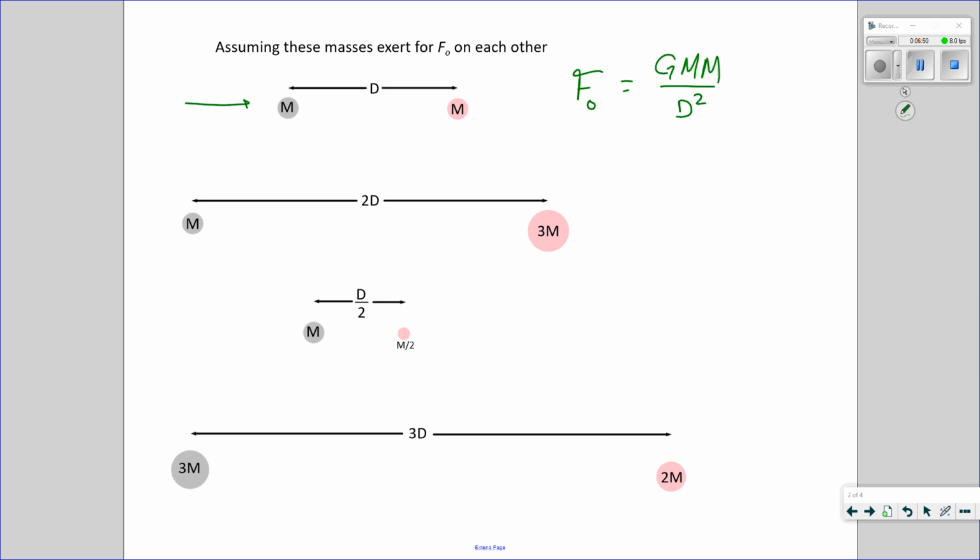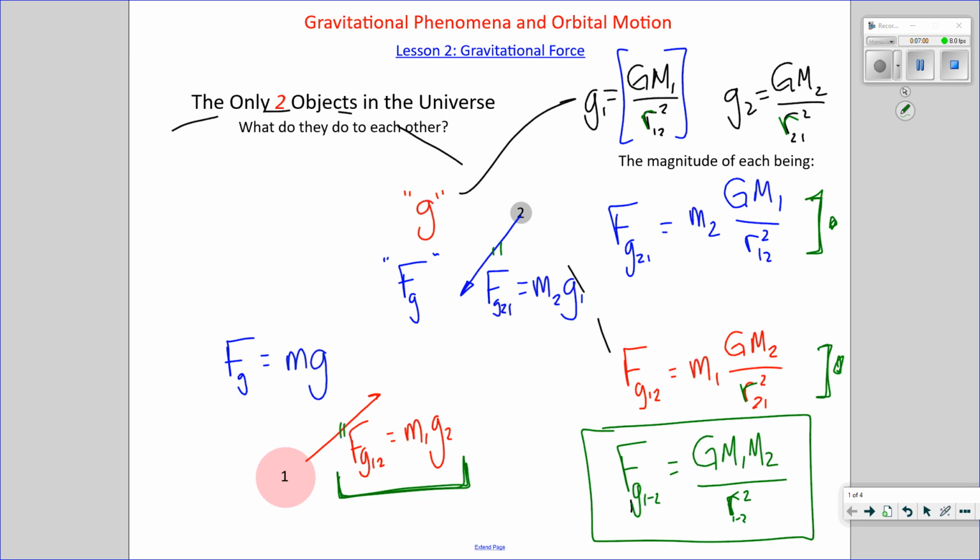D happens to be the distance from one object to another, which is what r means. And when we say one object to another, here's real important.